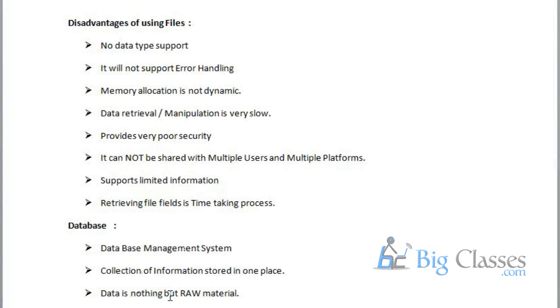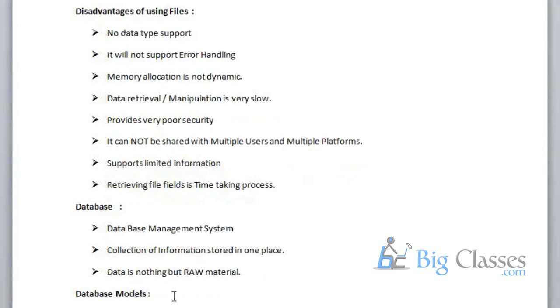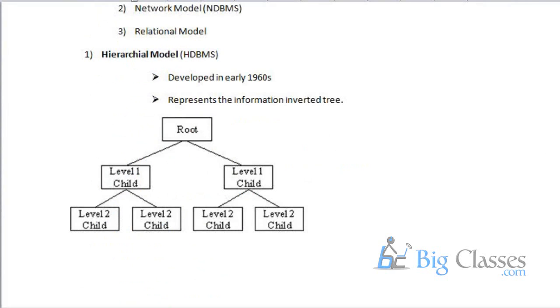Then data is nothing but raw material. So when we talk about data and information, data represents raw material, information represents processed data. So let me explain this processed data and raw data. For example, as you are from an account background, let me give an example from the same field.